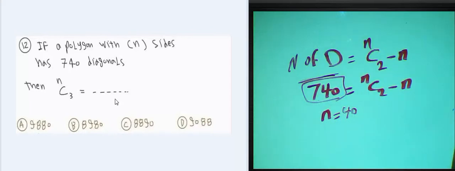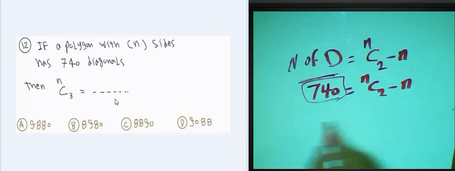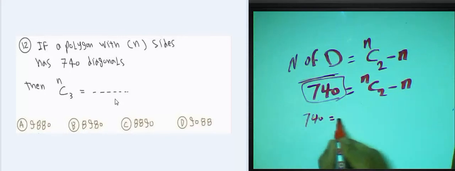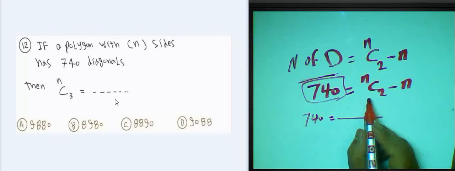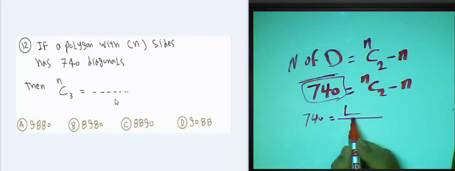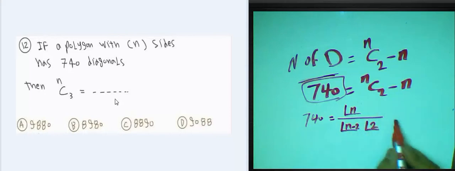Or you can simplify it by using the rule here, without using a calculator to find the result. Combination here we can write as factorial n over factorial of the difference between them, n minus 2, multiplied by factorial 2, subtract n.